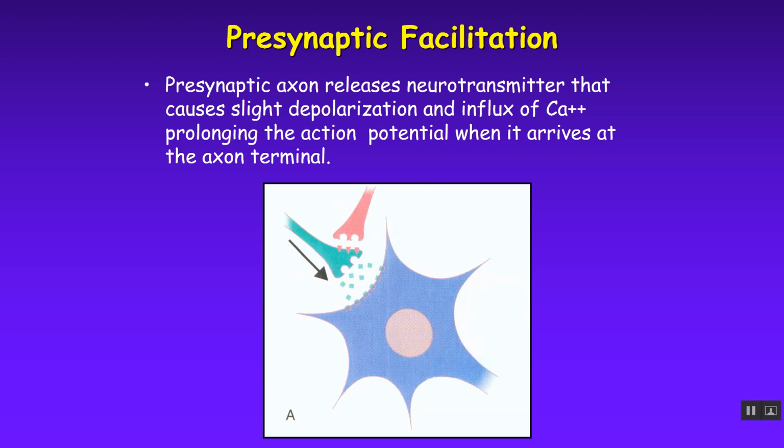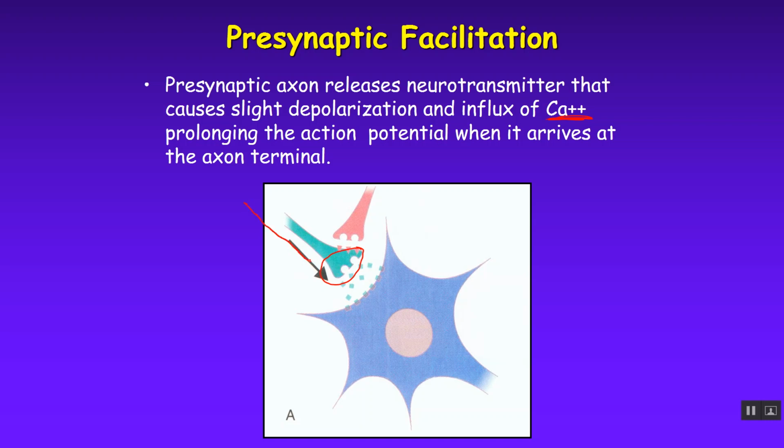So the concept of presynaptic facilitation is where a presynaptic axon releases neurotransmitter that causes slight depolarization and typically some influx of calcium, prolonging the action potential when it arrives at the terminal. So here we have our presynaptic neuron.